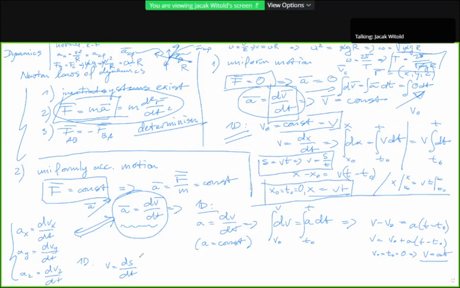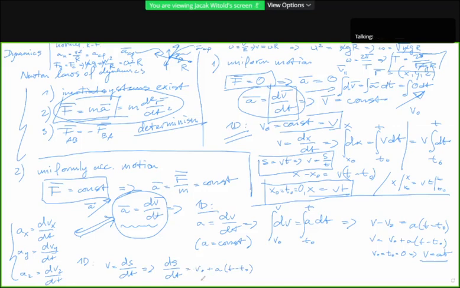It can be by an arbitrary angle rotation. So we have this, and it means that ds over dt is really, maybe we should write the full one, v0 plus a(t minus t0).